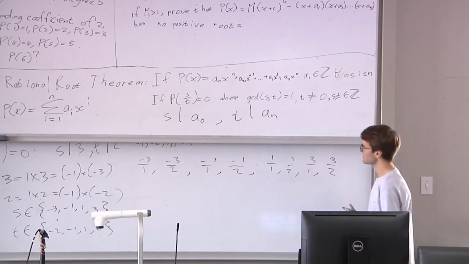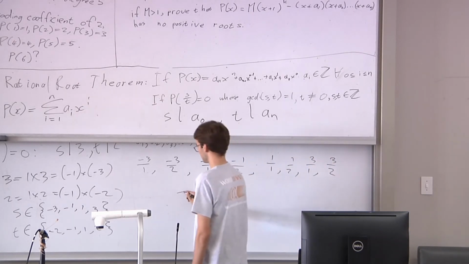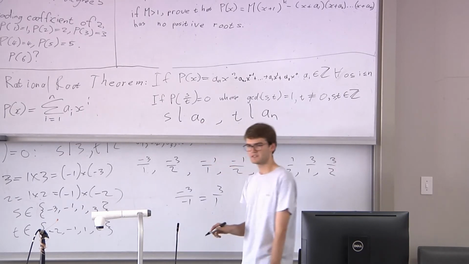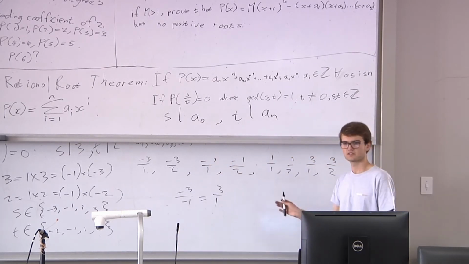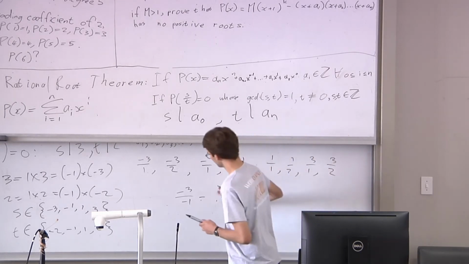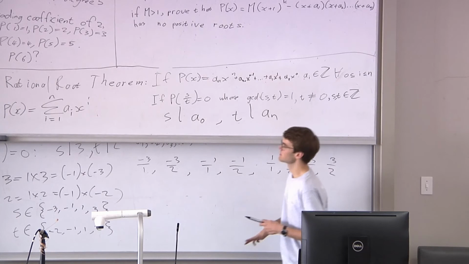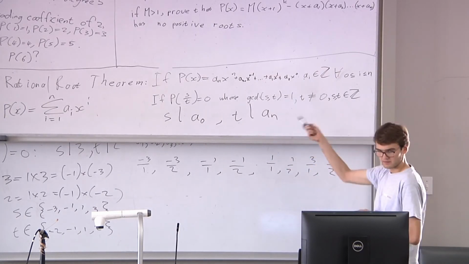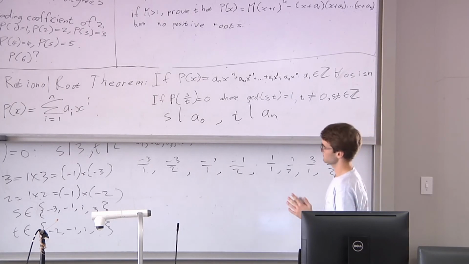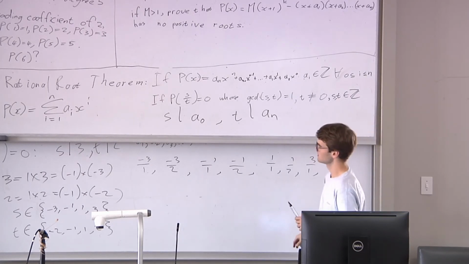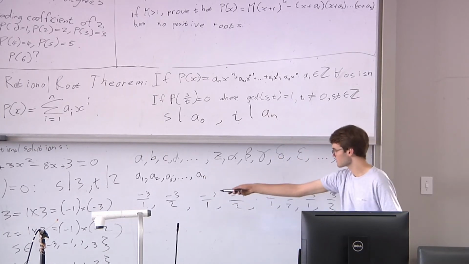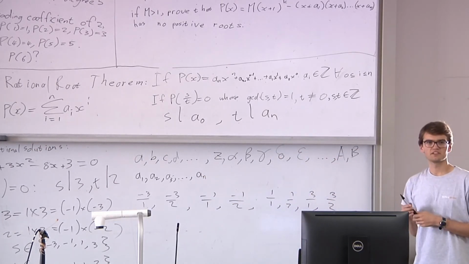So you can keep in mind that -3 over -1 is the same thing as 3 over 1. So you save yourself a lot of work by just looking at positive denominators. So this is nice because this theorem tells us that if there is a rational root to that polynomial, it has to be in that list somewhere.